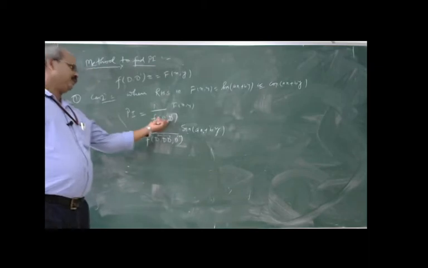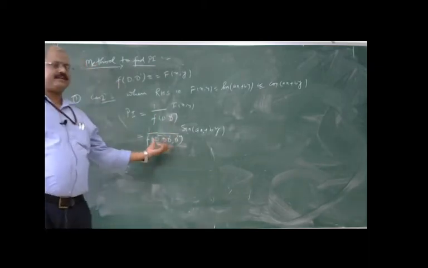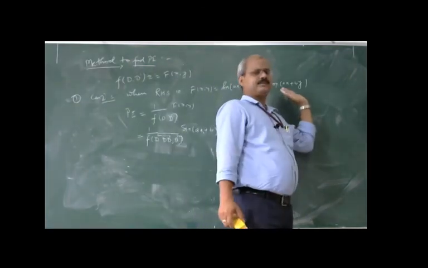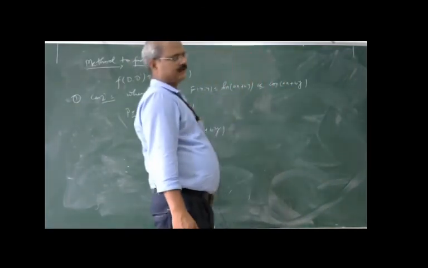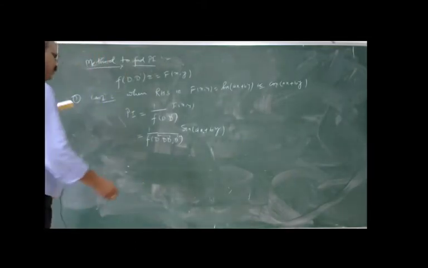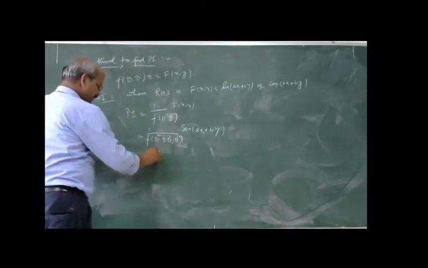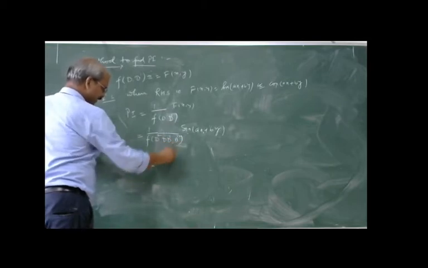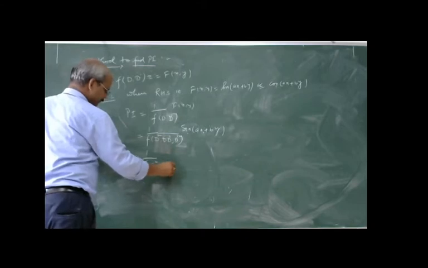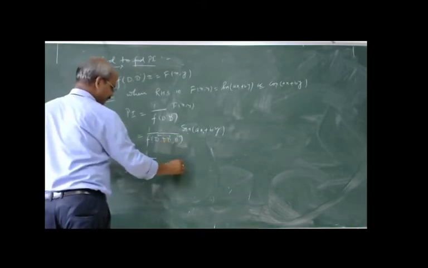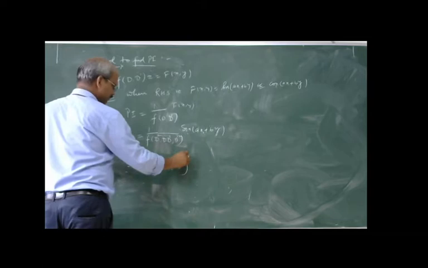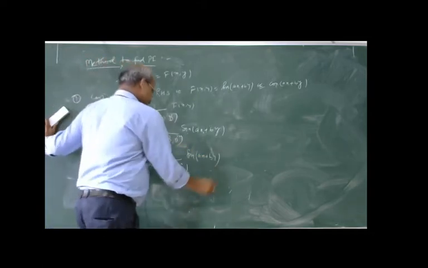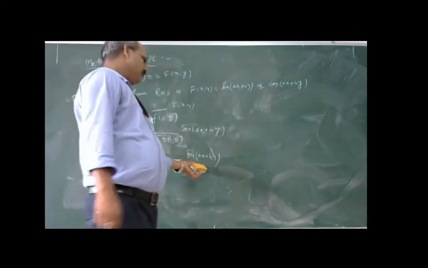If the denominator becomes like this, and the right hand side is either a sine or cosine trigonometrical function, you have seen that D square is replaced by minus a square, D D dash is replaced by minus ab, and D dash square is replaced by minus b square, times sin ax plus by.